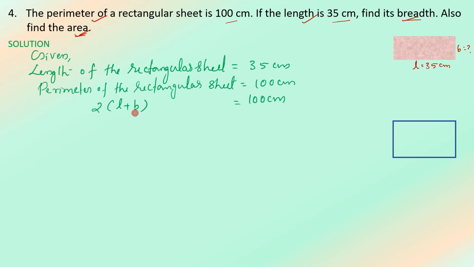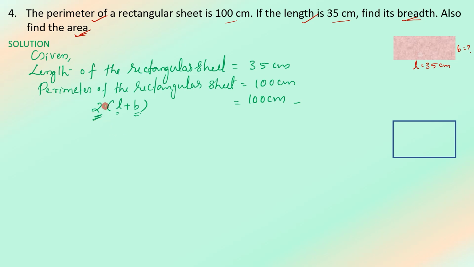Here we have to get the value of B. That is, we have to isolate B, or get B alone on the left hand side. That means we have to take 2 and L from the left hand side to the right hand side. First we take 2.